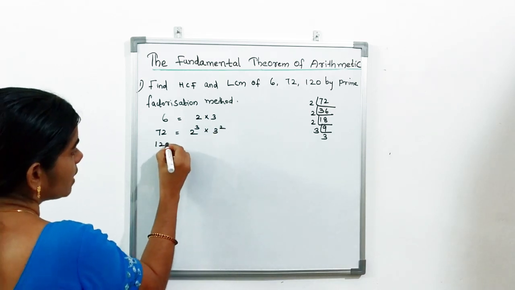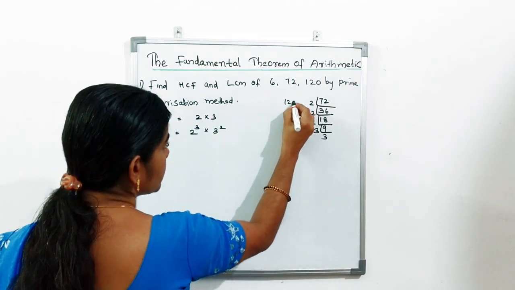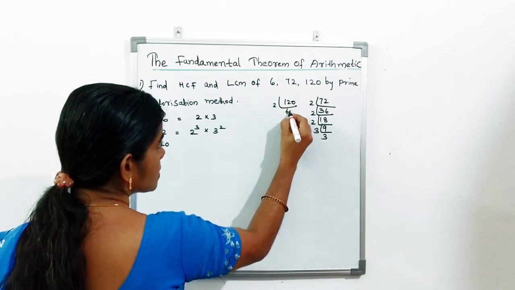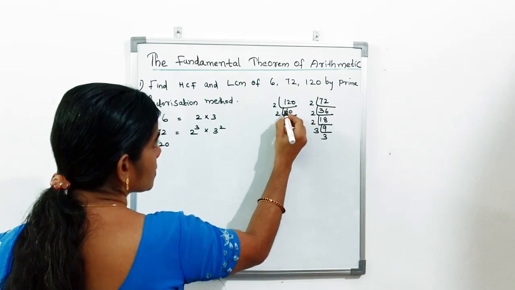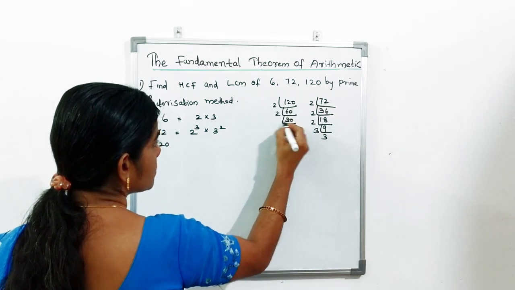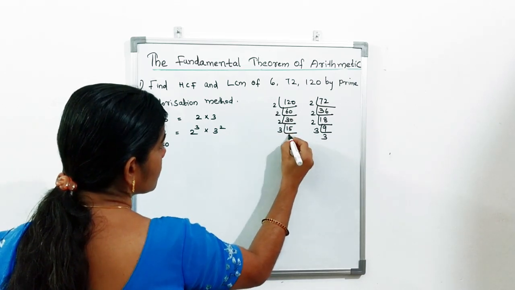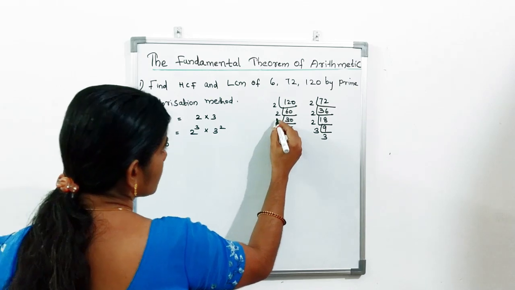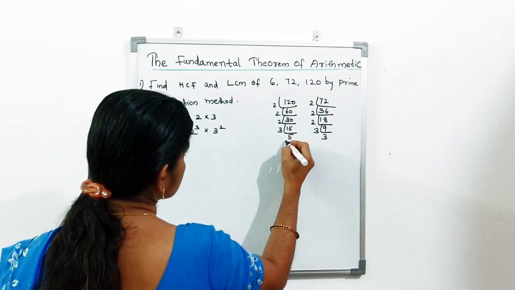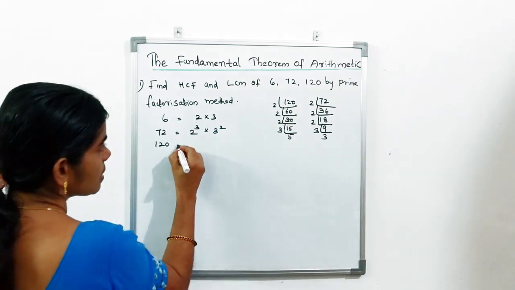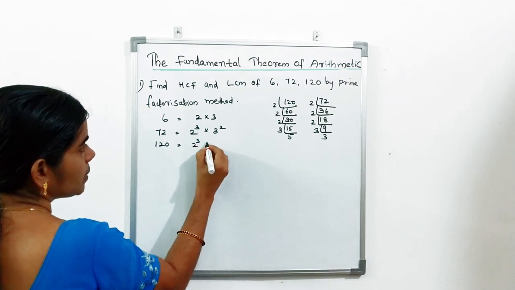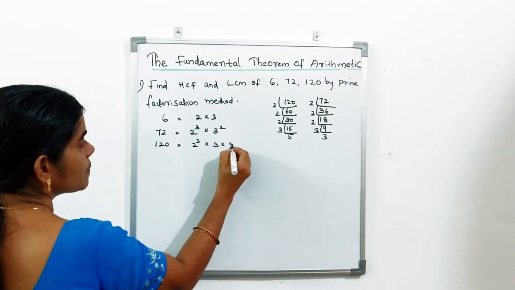Then we can find out 120. 120 we can use 2, 60, 2, 30, 2, we will get 15, 3, 5. 120 is equal to 2 cube into 3 into 5.